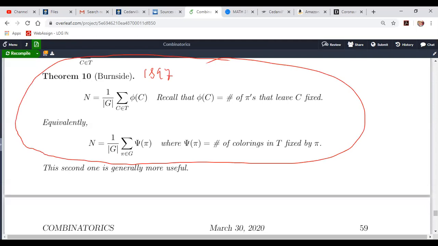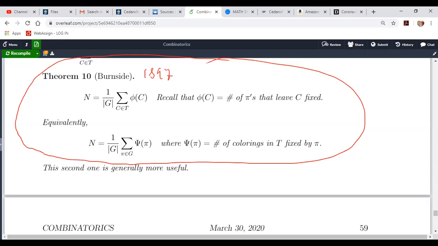So the number of equivalence classes, gotten at by letting G act on the colorings, is equal to 1 over the size of the group times the sum over colorings of phi of C, where phi of C is just the number of permutations that leave C fixed. Or you can write it in another way, which I just showed you.